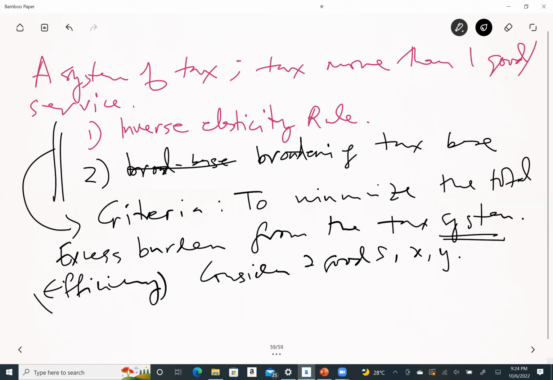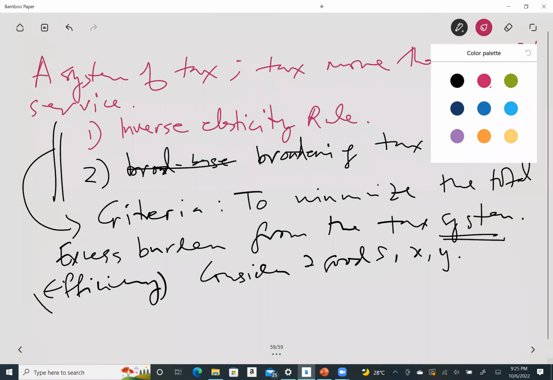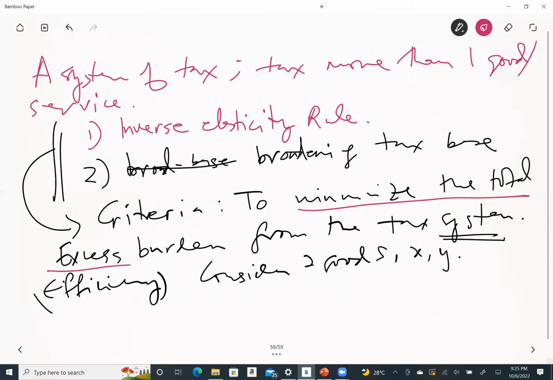Now, if you want to minimize the tax, or I'm sorry, not minimize the tax. You don't minimize the tax, okay? We minimize the total excess burden. So if you want to minimize the total excess burden, number one, the inverse elasticity rule, right?